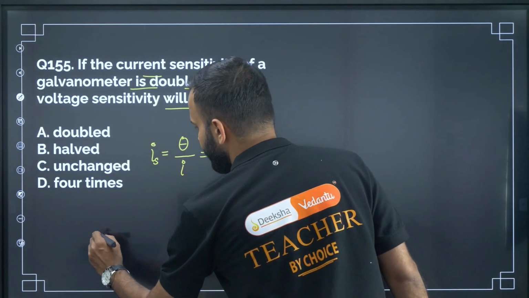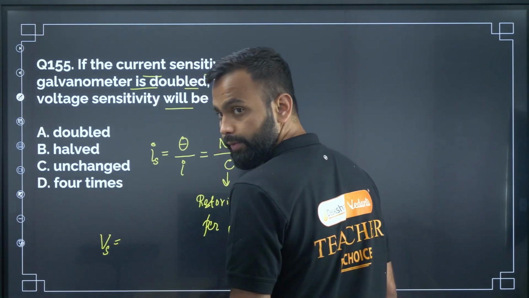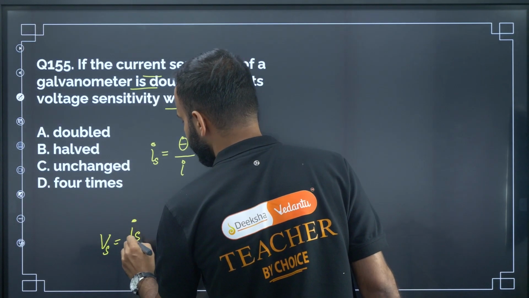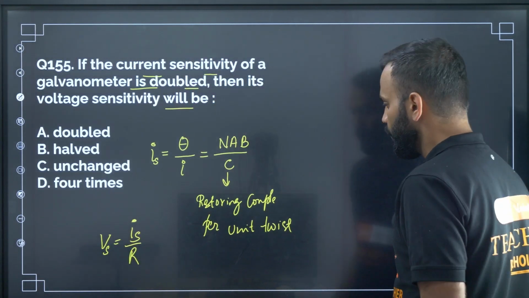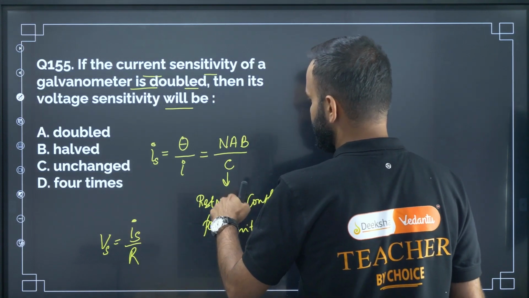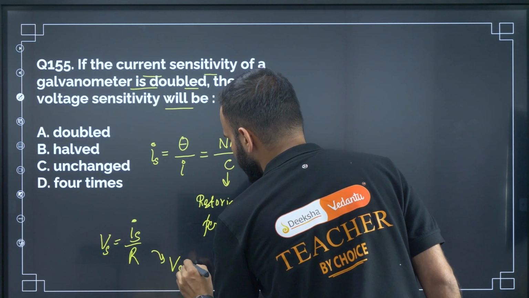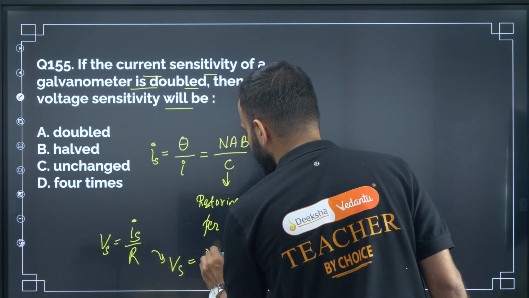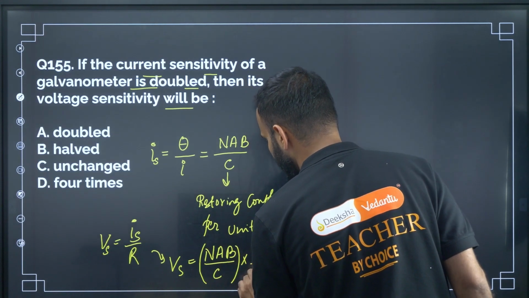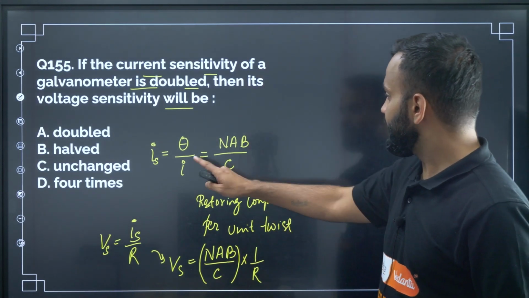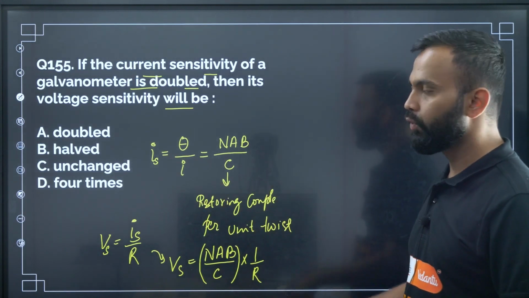Voltage sensitivity Vs is equal to Is divided by R. Here Is is NAB by C, so Vs is equal to NAB divided by C into 1 by R. Now the current sensitivity is doubled, and we need to find the voltage sensitivity.